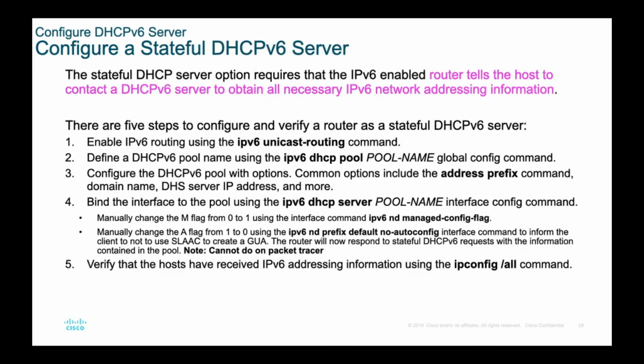And lastly, to configure a stateful DHCP version 6 server, which means we need to disable auto. To disable auto, you need to do it inside the pool.